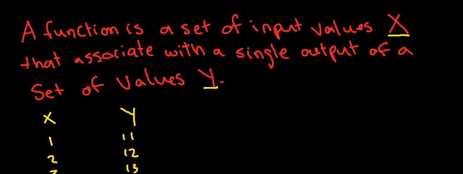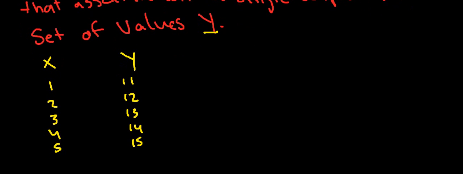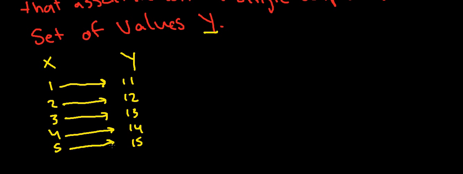What this says is that our x values can only associate with a single y value in order for it to be a function. So let's say 1 associates with 11, 2 with 12, 3 with 13, 4 with 14, and 5 with 15.